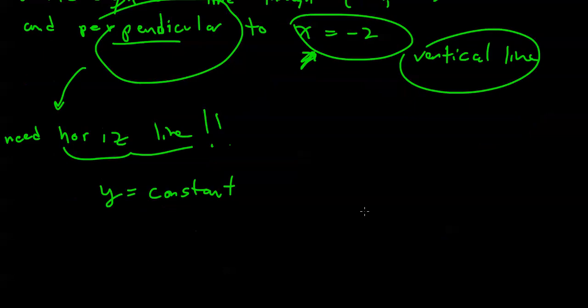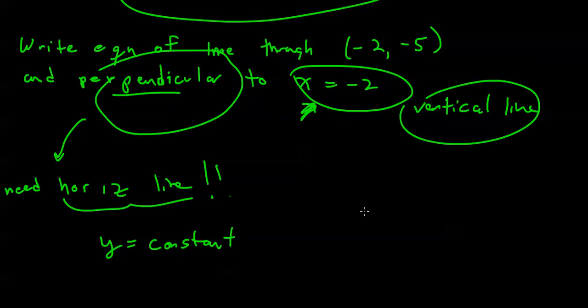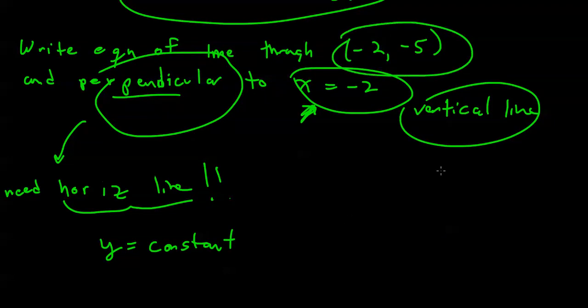So, if I need a horizontal line through (minus 2, minus 5), well, I'm going to have a constant value of minus 5, right? In a horizontal line, y never changes. All right, so y equals constant. What is that constant got to be? Here, it's y equals minus 5.